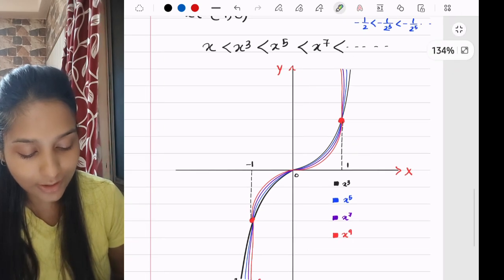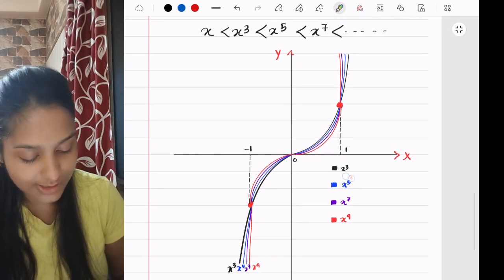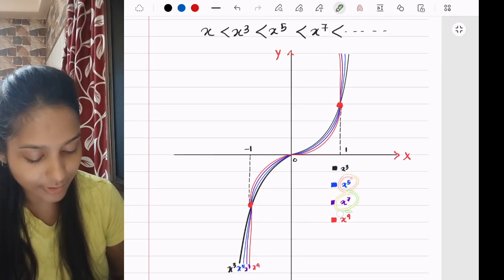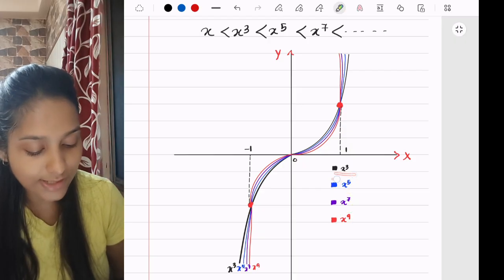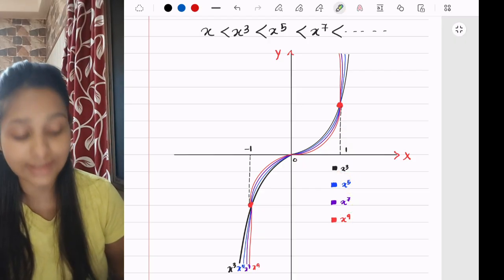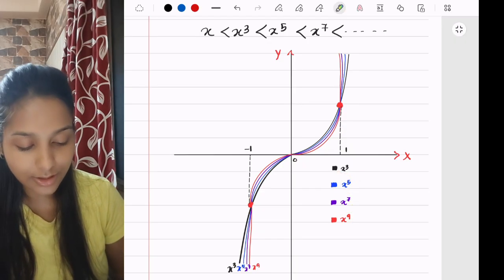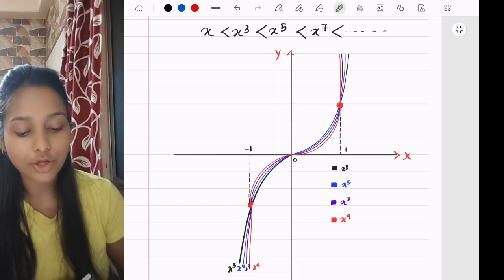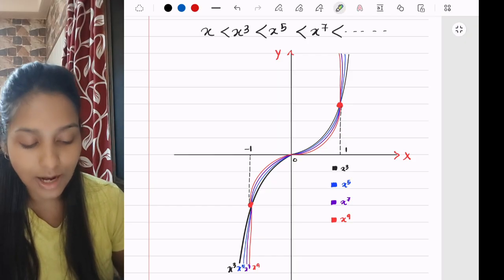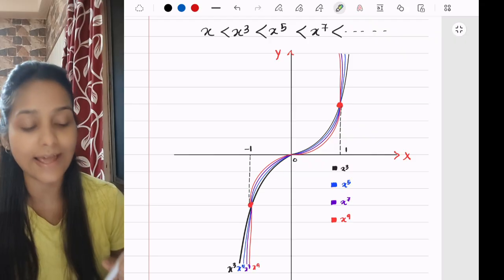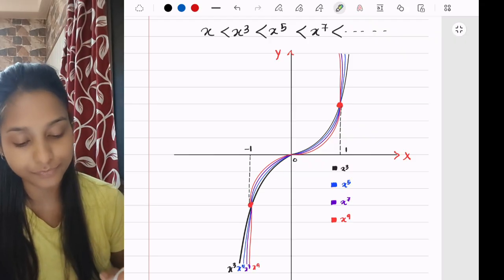So we can draw these functions like x power 5, x power 7, x power 9 by using the function x cube as the guide, which we have already plotted. So these are the graphs of the functions like x power 2n minus 1.